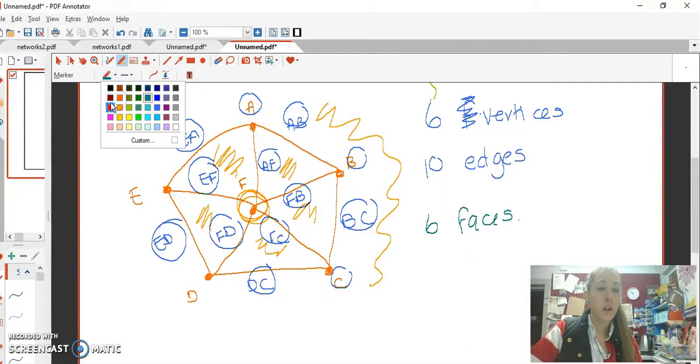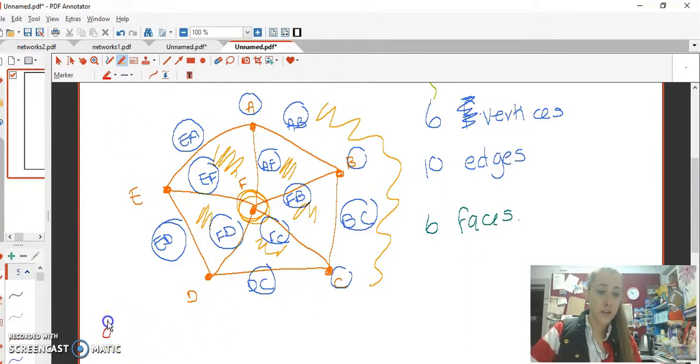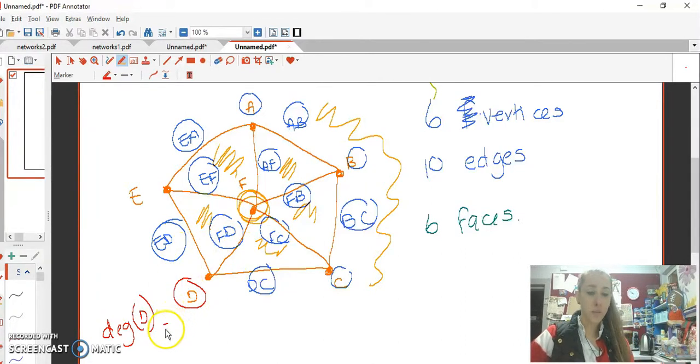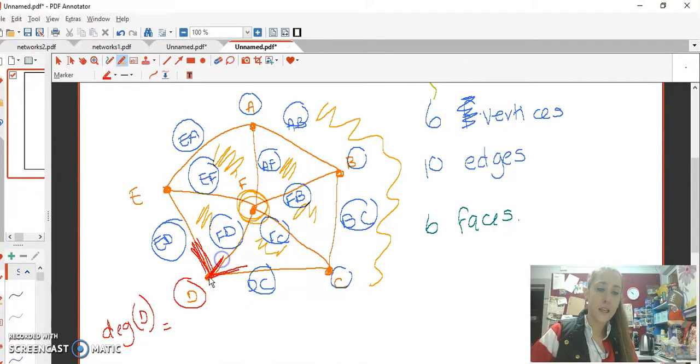So if I want to take the degree of vertex D, so this one here, it's talking about the number of edges that come off it. So you can see here that we've got a degree 3 because we've got the ED, the DF, and the DC. So that would be a degree 3.